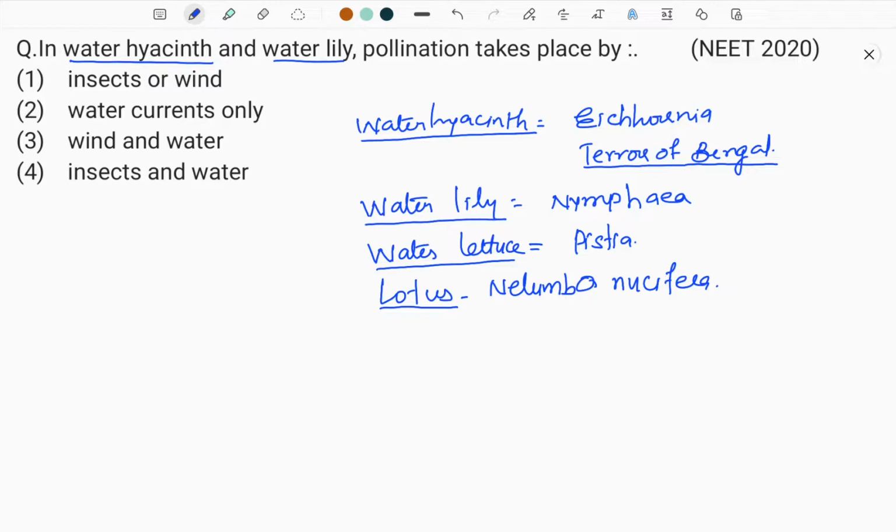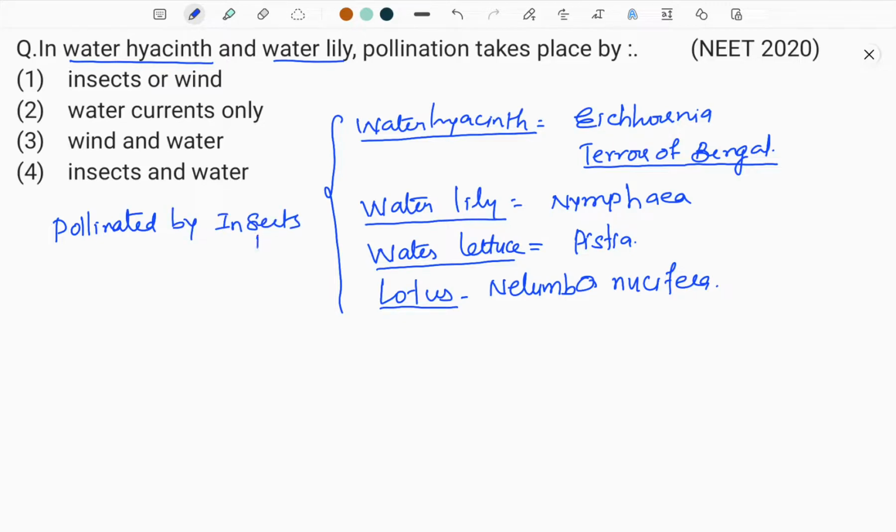near the pond ecosystem. So these plants, generally we think that they are hydrophytes and they perform hydrophily, that is water pollination, but that is absolutely wrong. Though they are hydrophytes, they are having beautiful flowers and they get pollinated by insects.